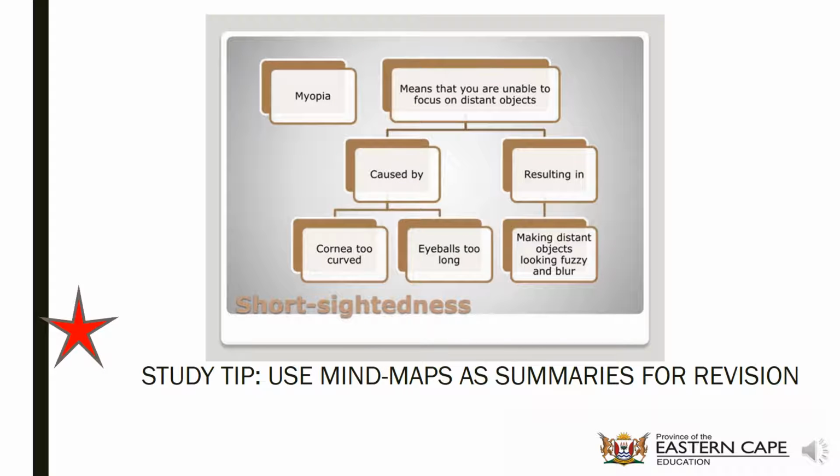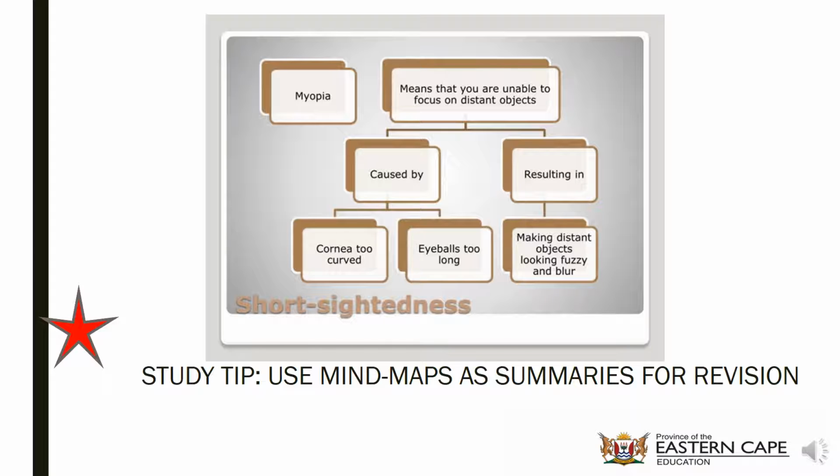Just as a study tip, and this is something that I personally even find myself using in my teaching, where I make summaries, and it enables me and helps me to navigate through sections of work. And a mind map, you should be able to put it in a format that you understand, as long as you do not leave out the essential details.